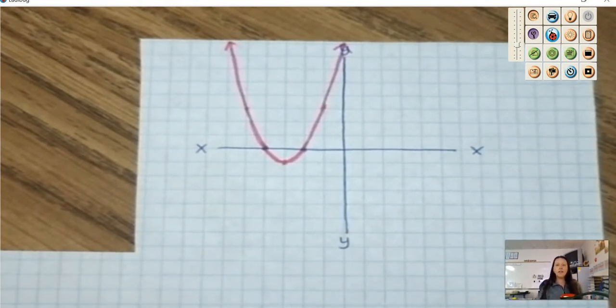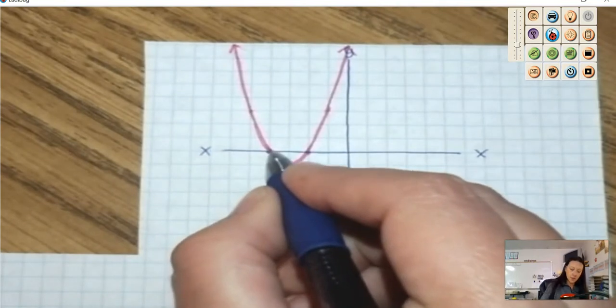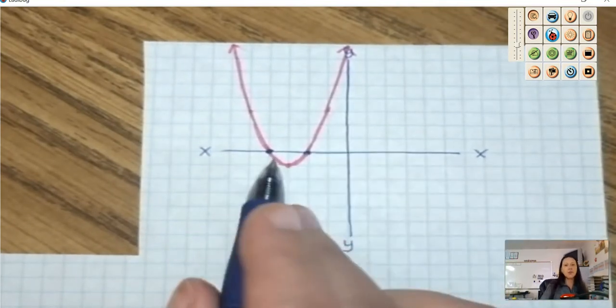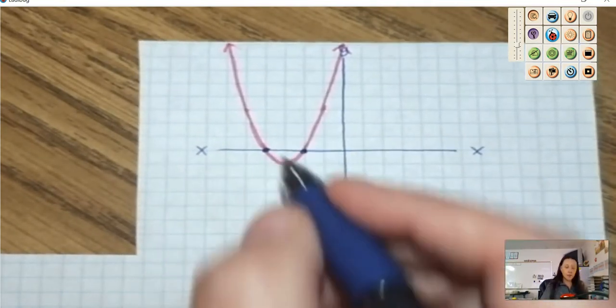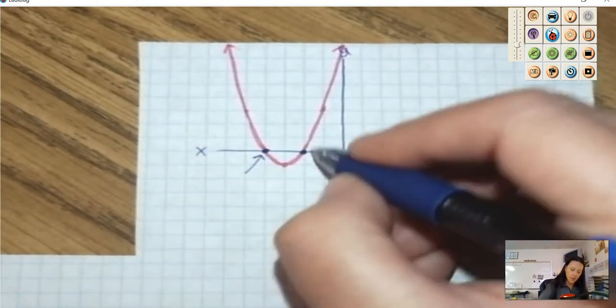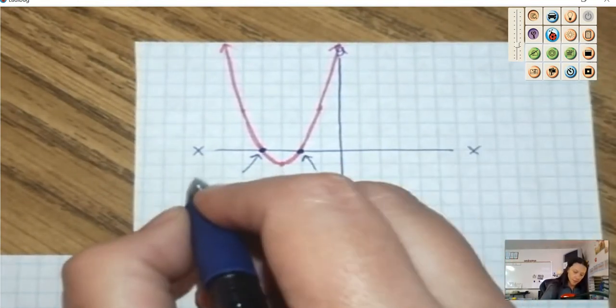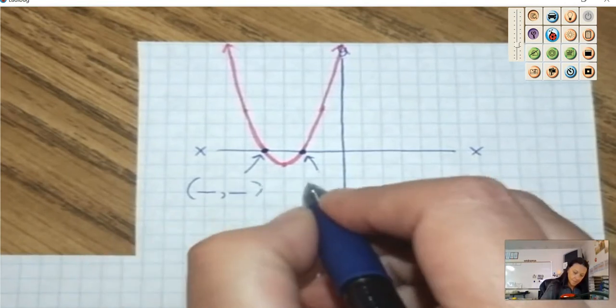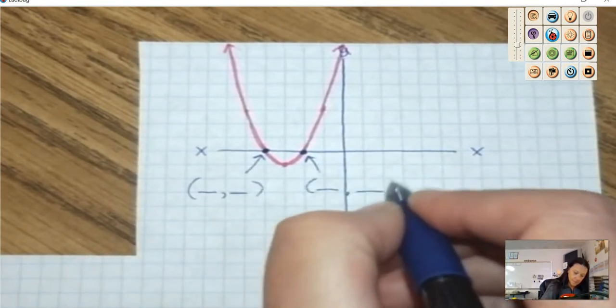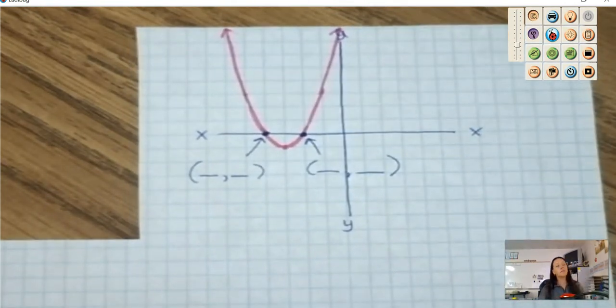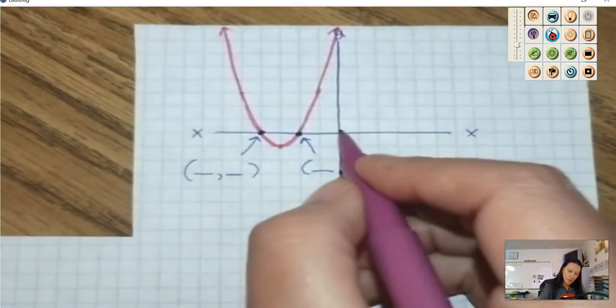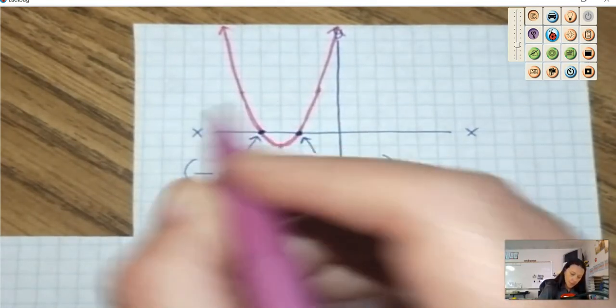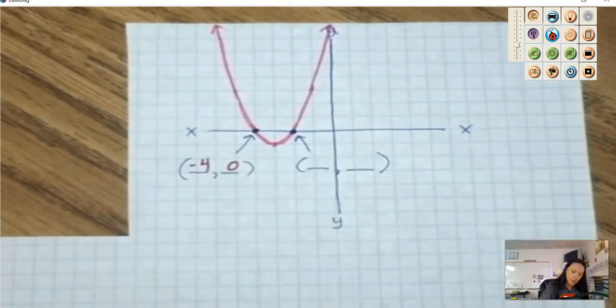Okay, now we're finding the solution, or the zeros. This one has 2 zeros. So where it hits the x-axis, it hits it twice. Go ahead and write down what's that 0 and what's that 0. This one's at -4, 0.